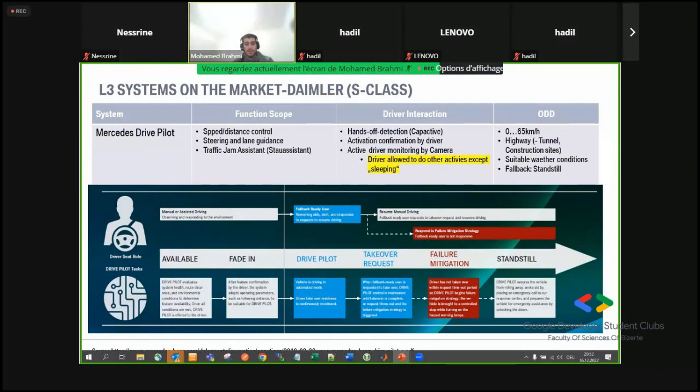What they did in this system is that, of course, everything works in ODDs, in special conditions. That means in traffic jam situations, in embouteillage. And this system is actively monitoring the driver, even more accurately than the system from BMW, and is able to know exactly what the driver is doing.